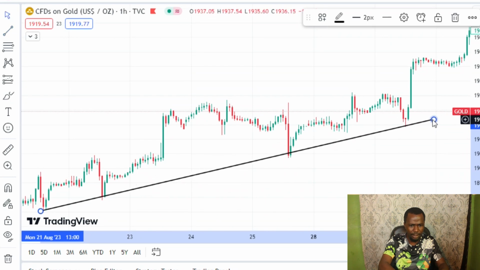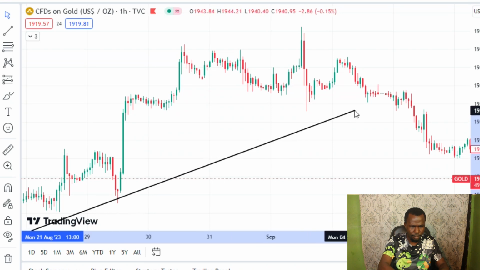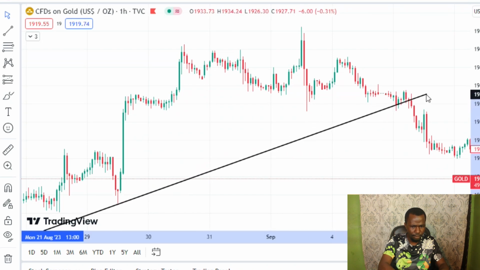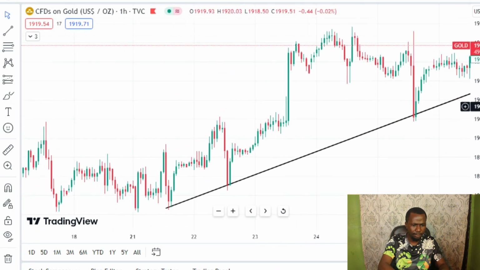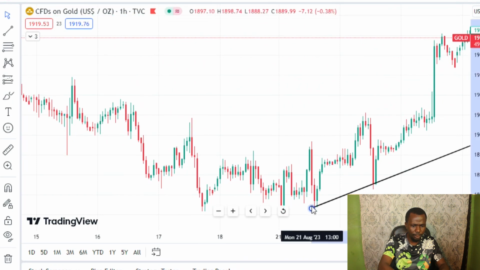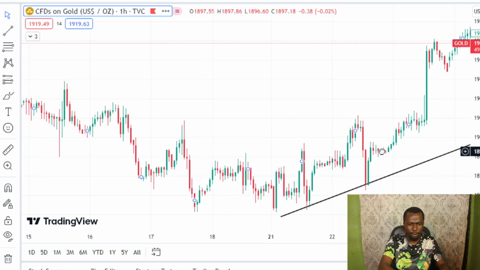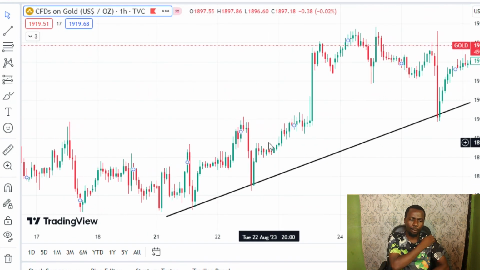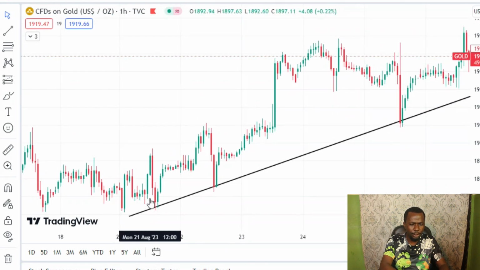See how you draw your trend line? You connect it from the lows of the uptrend. You can clearly see that the market is in an uptrend, right? And you plot your trend line and connect it at the lows.